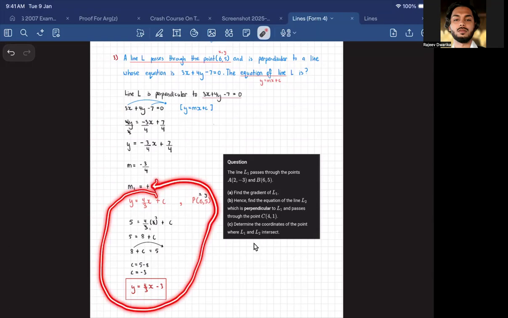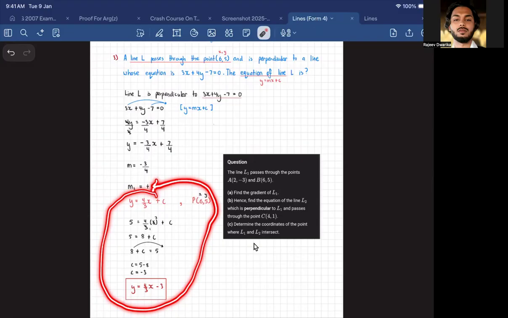So Perseus, as it is right now, the equation of line 2 would be y is equal to what? Did we find the gradient for line 2? Yes, sir. What was the gradient of line 2? 2. No, that was the gradient of what? Oh, no, it's negative 1/2. So you would say y is equal to negative 1/2 x plus c.